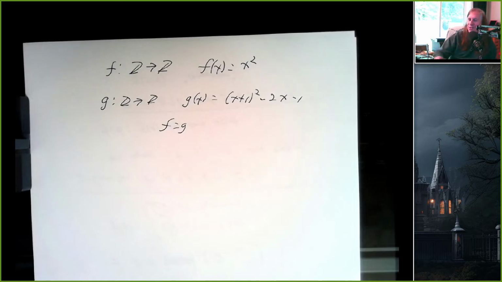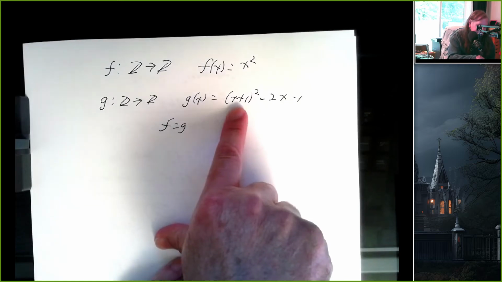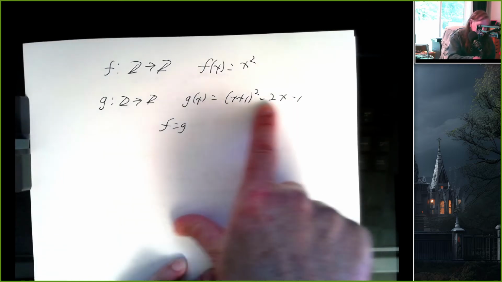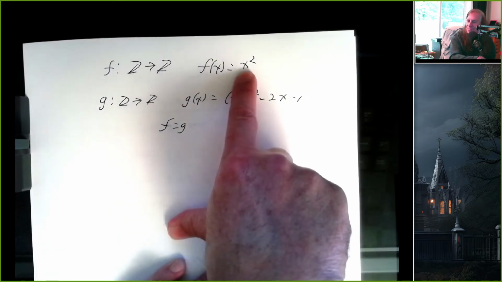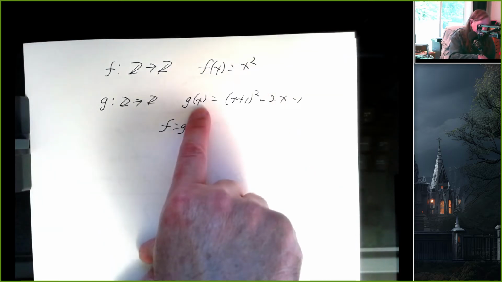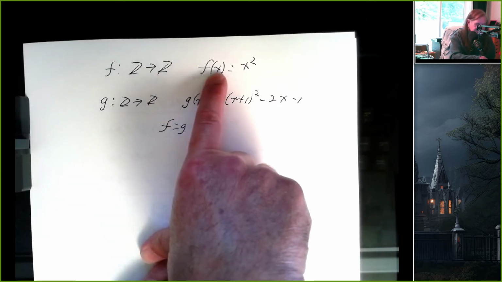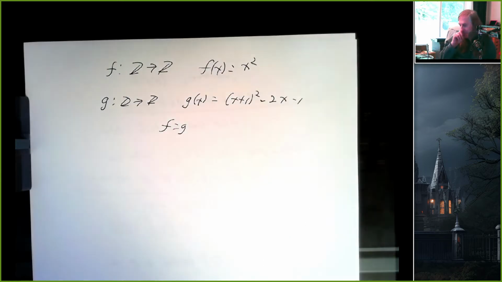What algebra, Math 110, 111, does for us is it lets us symbolically manipulate this and reduce it down to that. And it gives us the insight that if we were to plug any number in here and plug the same number in here, we'll get the same thing out. These functions are equal.